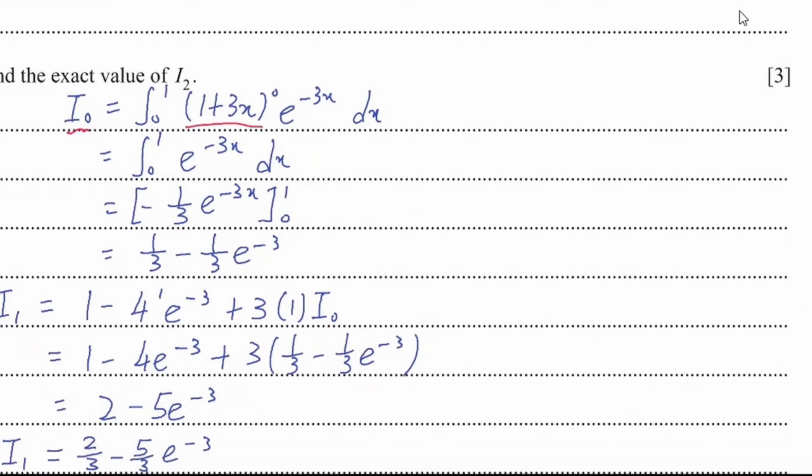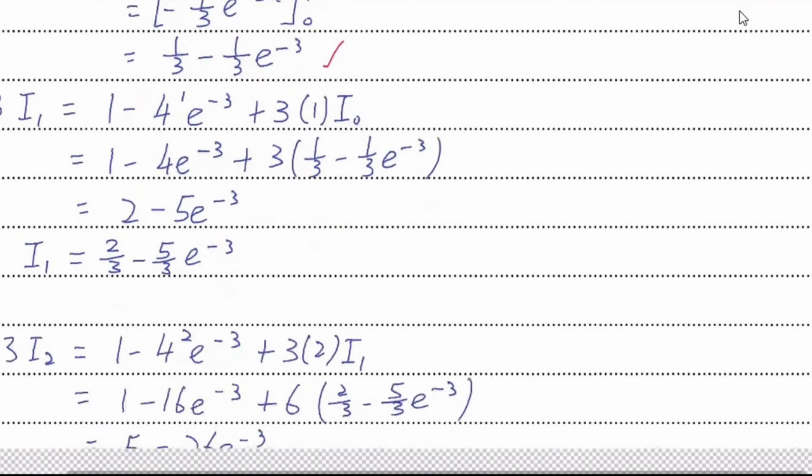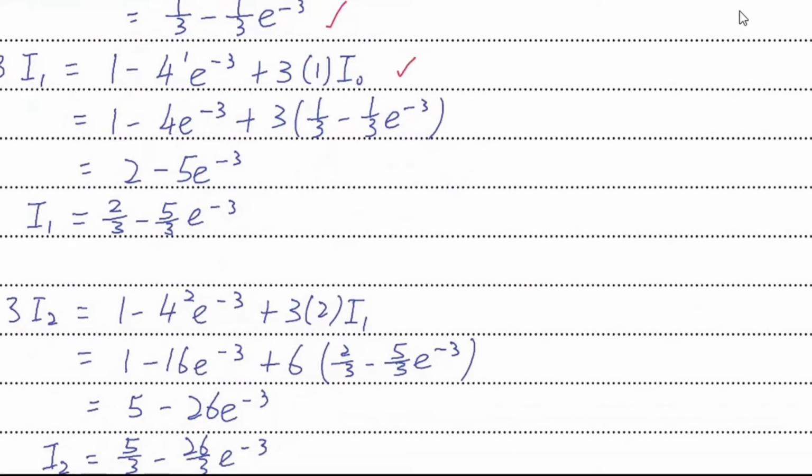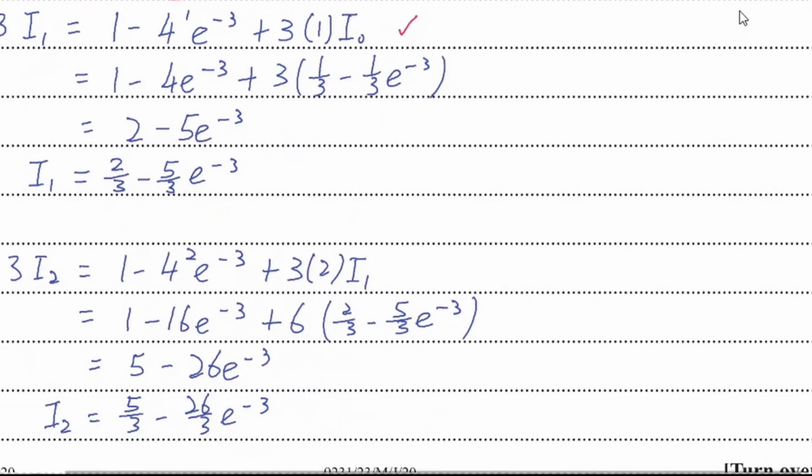I0 will make this term power 0, so everything will just reduce to e power negative 3x. The result is very nice after we do the integration. Afterward, it is to apply the reduction formula again and again. Once we have got the first value, we just keep substituting into what we have here.